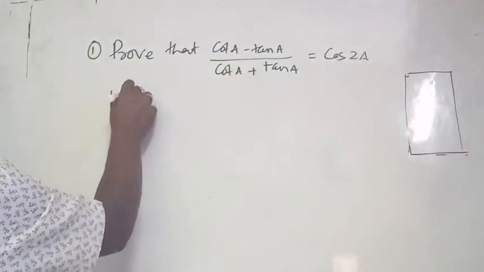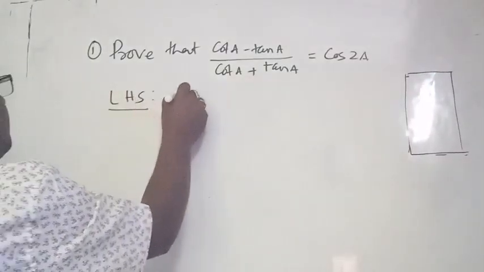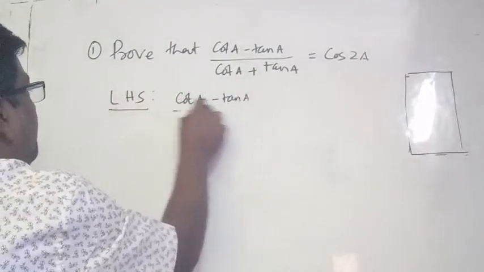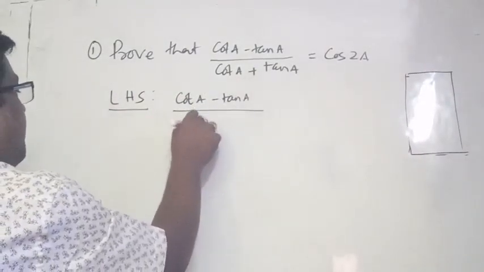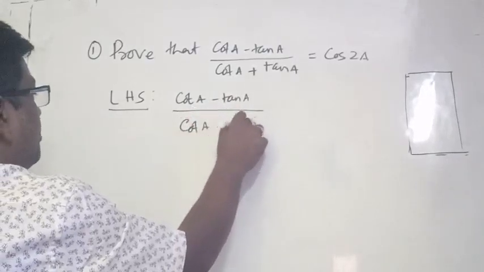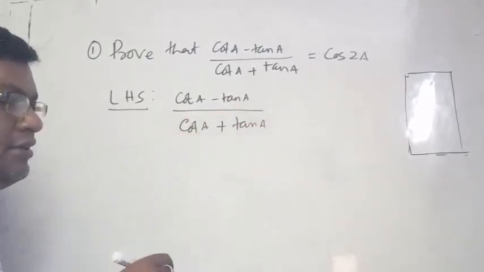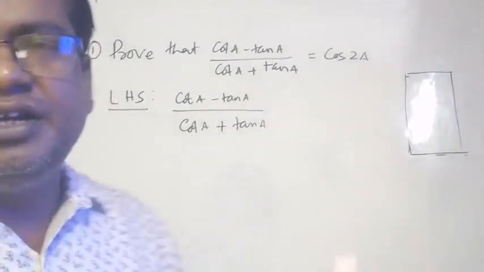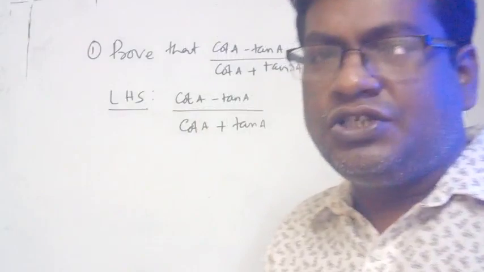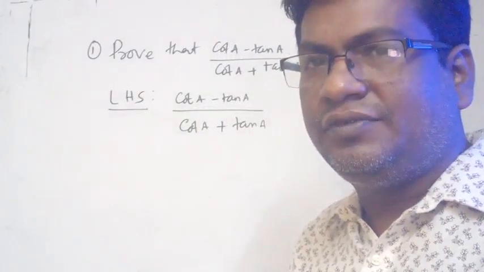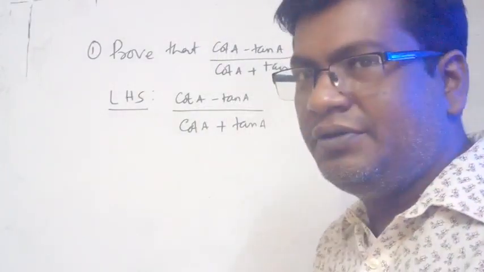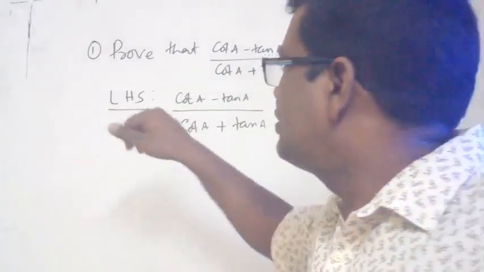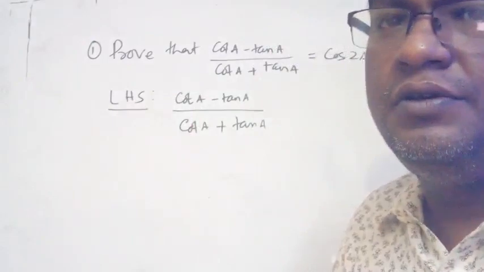So the left hand side is cot a minus tan a divided by cot a plus tan a. This can be proved by converting tan and cot in terms of sin and cos, or we can convert cot into tan. So what is cot a? Cot a means 1 by tan a.